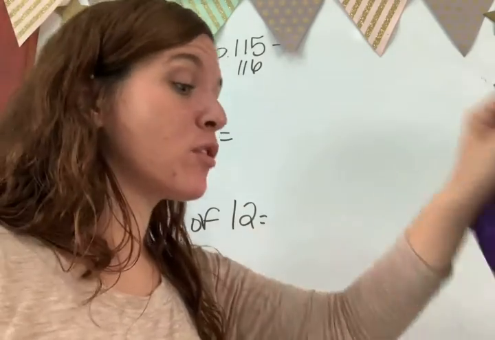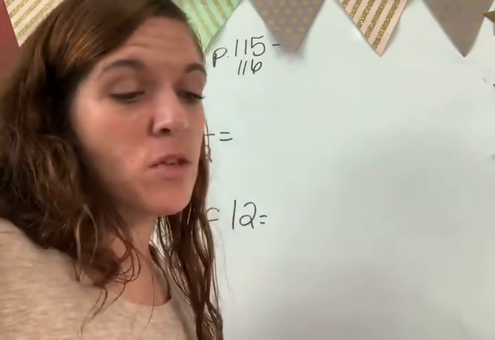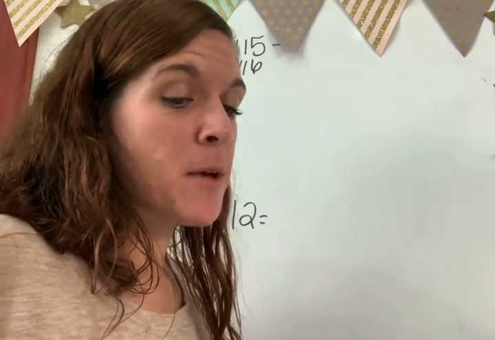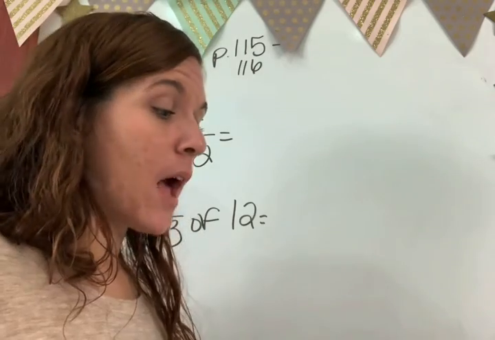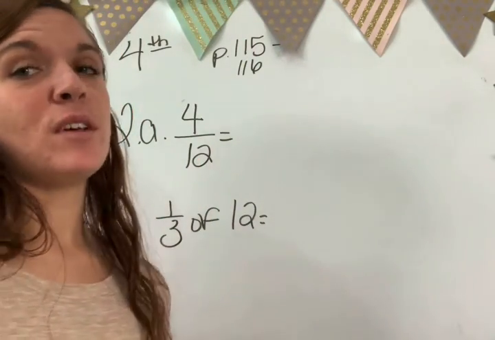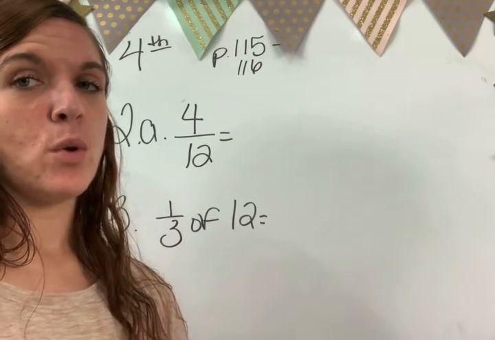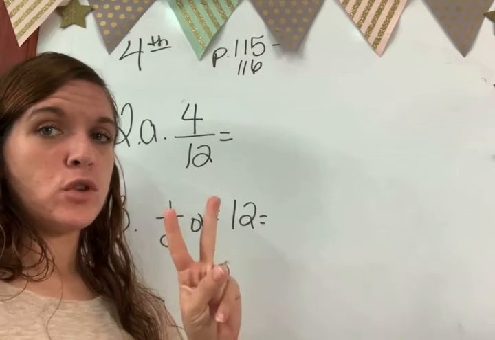Look guys, at number 2 on page 115 and number 9 on page 116, they are the same concept. They just want to make sure that you're remembering them well, okay? So I'm going to do a couple of them with you on number 2, so that when you get to number 9, you can do the whole thing by yourself. Okay, so recordamos our 2 pasos.